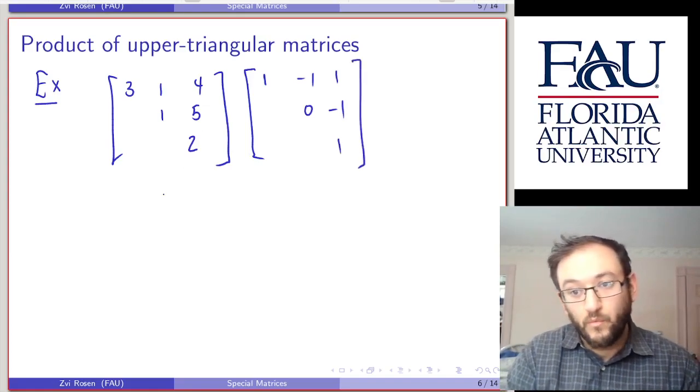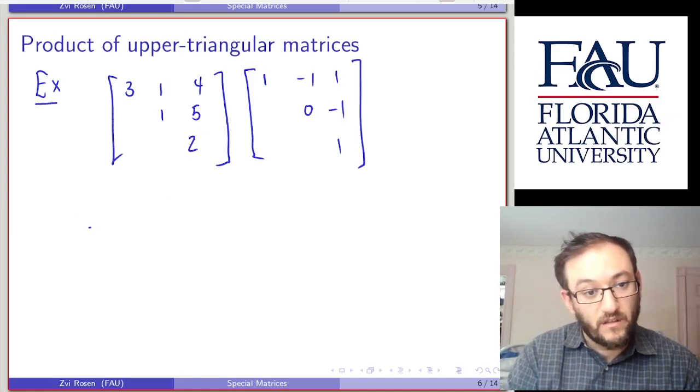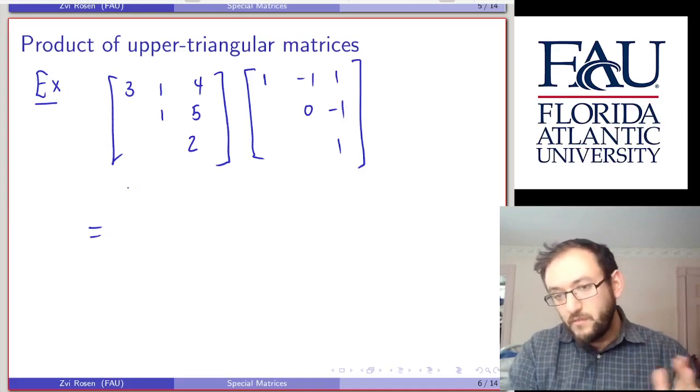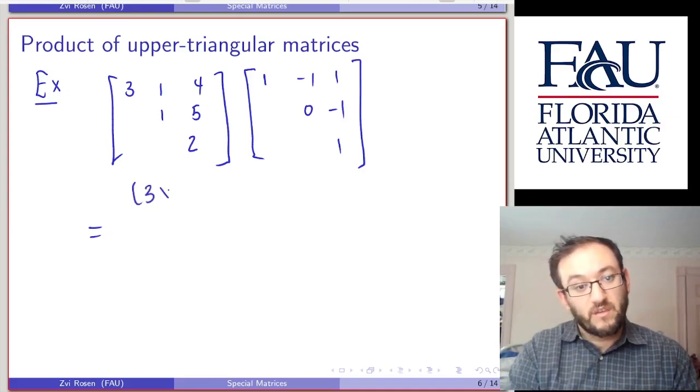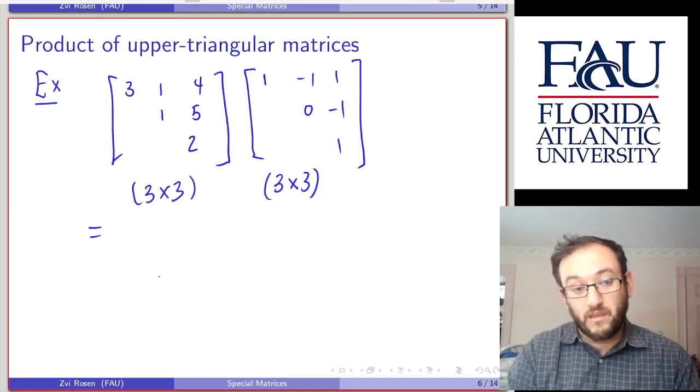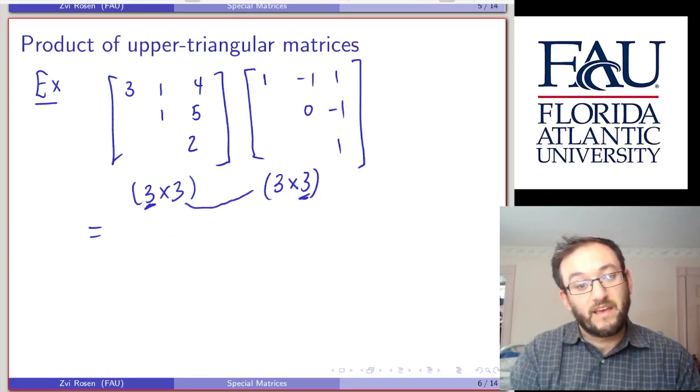And what's the result that we get? So recall, we'll use the row-column multiplication rule to multiply these two matrices. First, we should observe that this is a 3 by 3 matrix. This is a 3 by 3 matrix. So the result we would expect to also be 3 by 3.